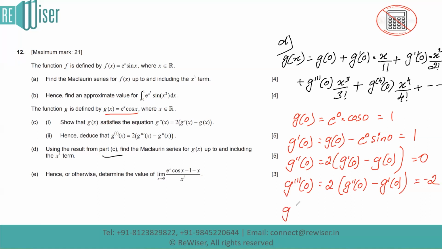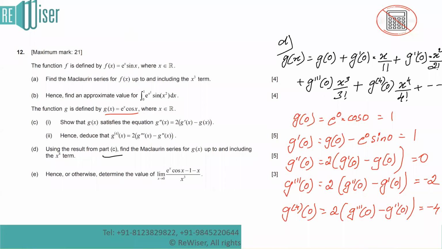And finally, if I talk about the fourth power, that's going to be 2 times g triple dash of 0 minus g double dash of 0. G double dash of 0 is 0 itself, and this is minus 2, so that's why I'll be getting minus 4. So in that case, I can just substitute this in the main equation, and I can just leave it over there.